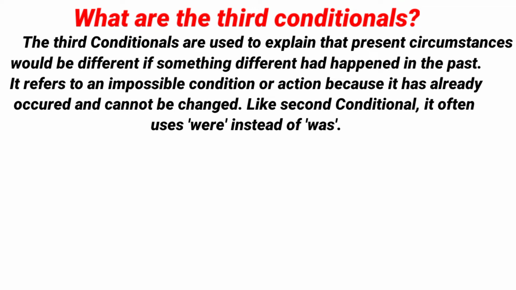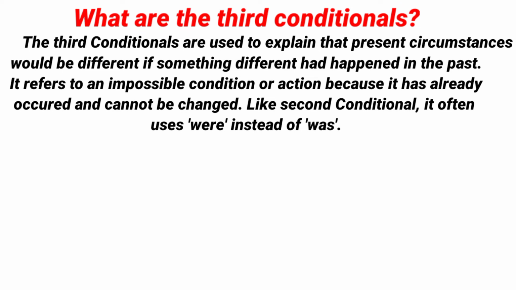The third conditionals are used to explain that present circumstances would be different if something different had happened in the past. It refers to an impossible condition because it has already occurred and cannot be changed.